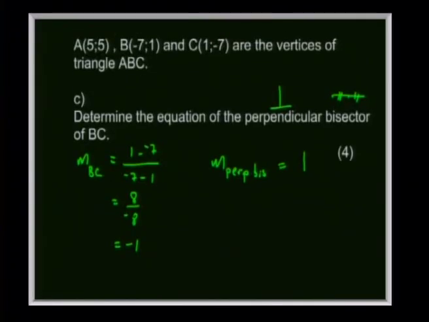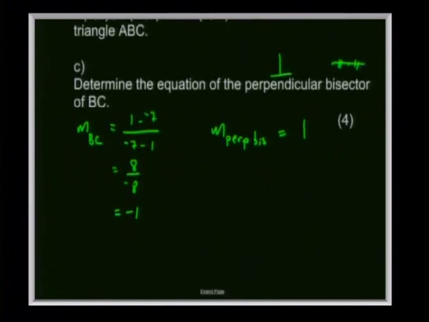Fantastic. What point does it go through? We don't know yet. So the midpoint of BC, we will have to use our midpoint formula. So what is the setup for our formula? Well, let's have a look at the numbers.